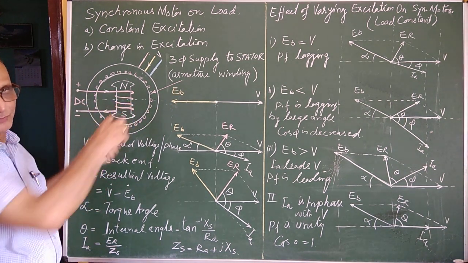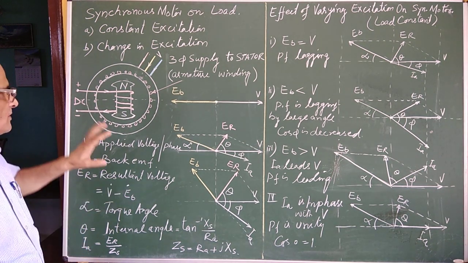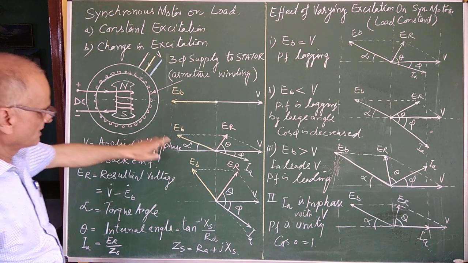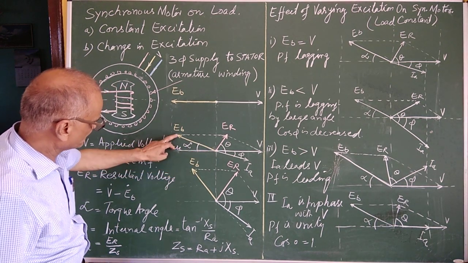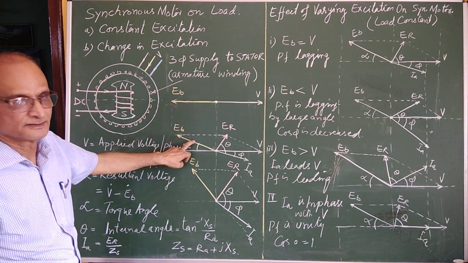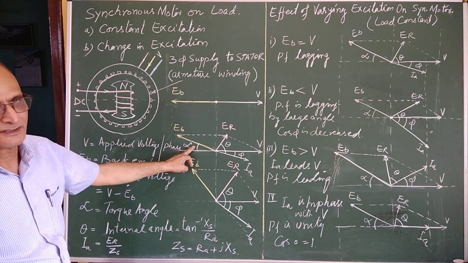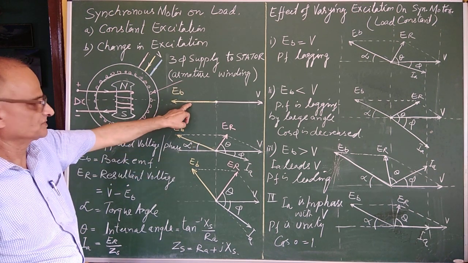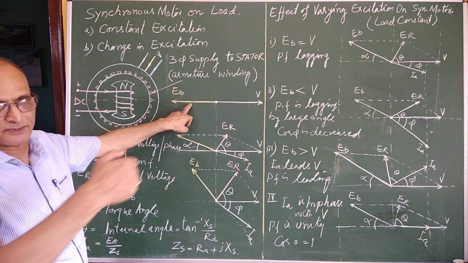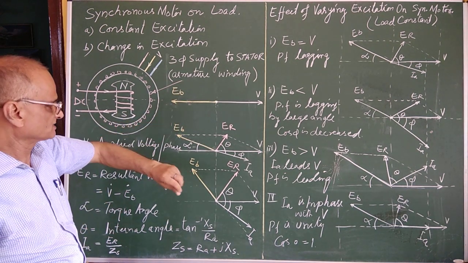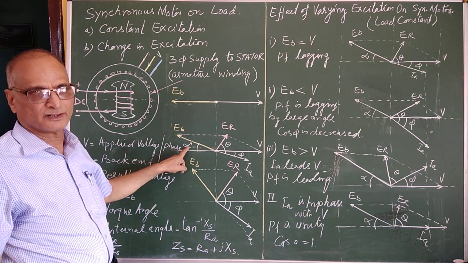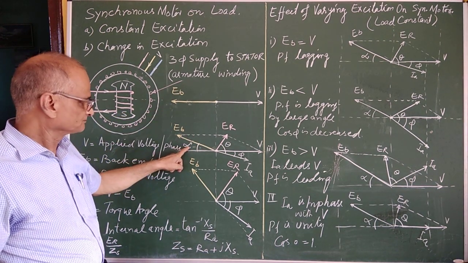So when we remove the prime mover, motor takes certain current from the supply, and EB is shifted to this side, and this alpha is called torque angle. This is the position when it is connected with the prime mover, and when prime mover is removed, this EB falls back by certain angle alpha called torque angle.